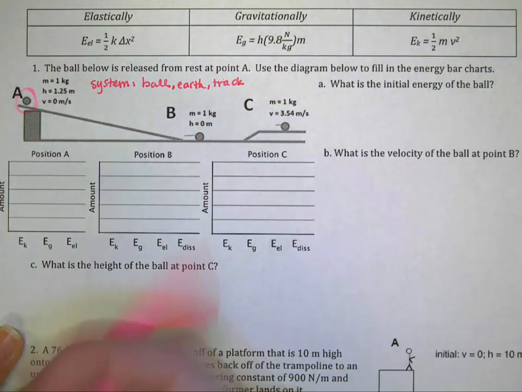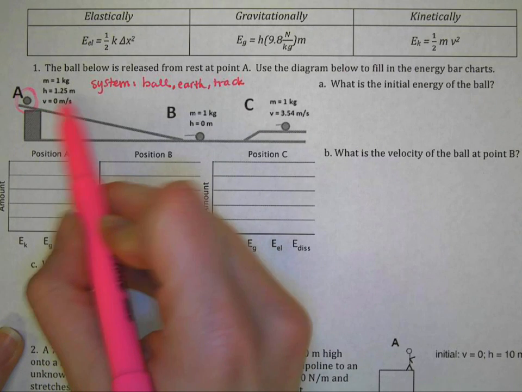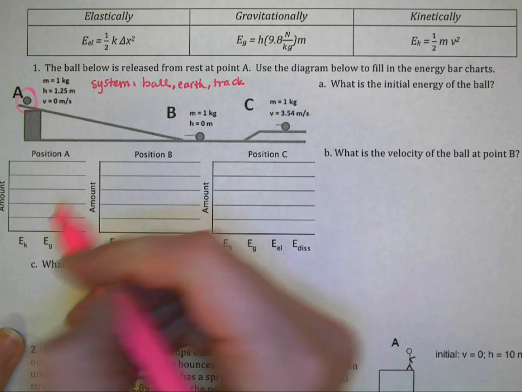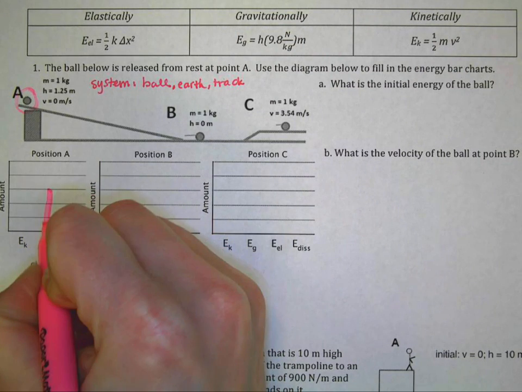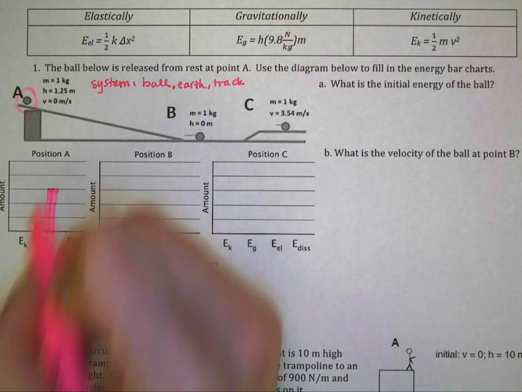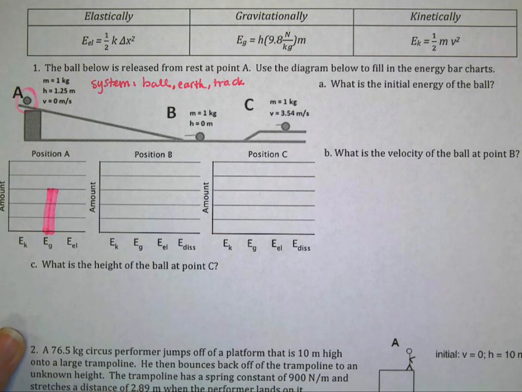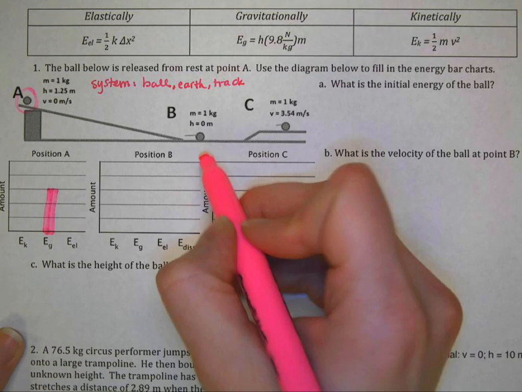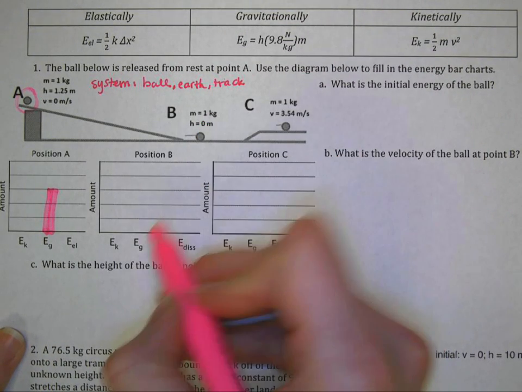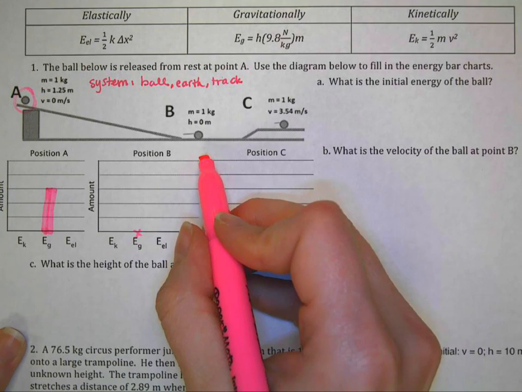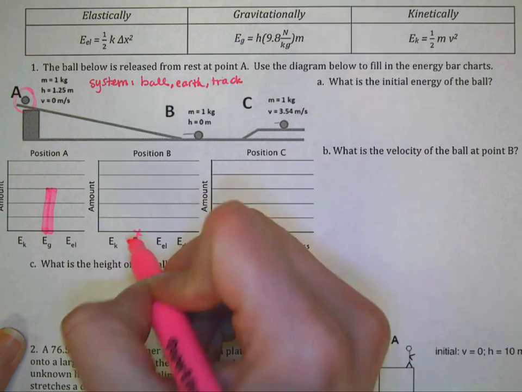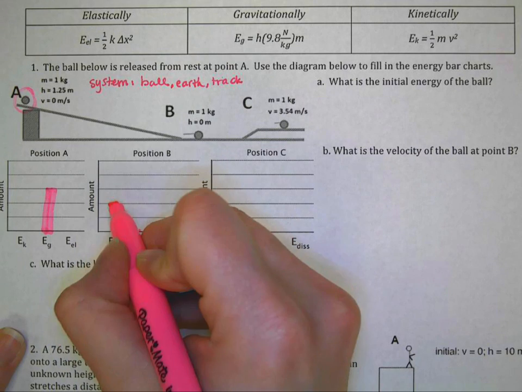The energy at point A: it has zero velocity, it has a height, it has a mass, so the only energy it has stored is gravitationally. Then at position B, it has a height of 0, so no energy stored gravitationally, but it is moving, so all of that energy is stored kinetically.